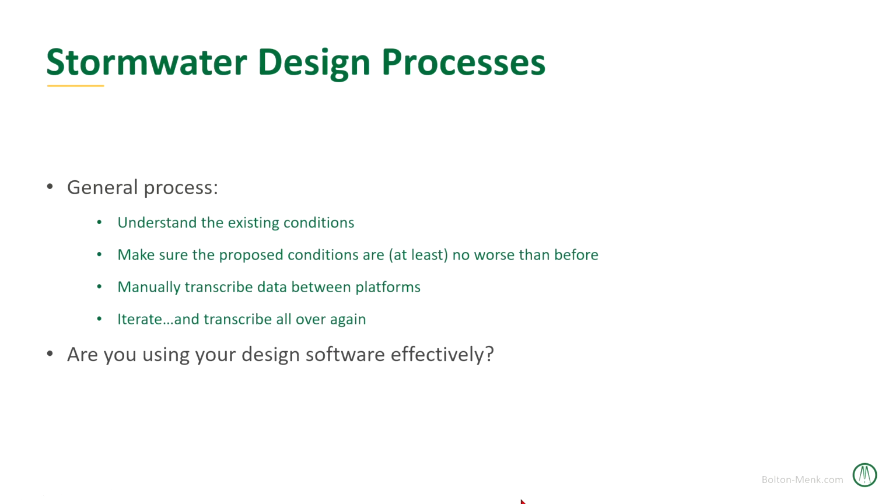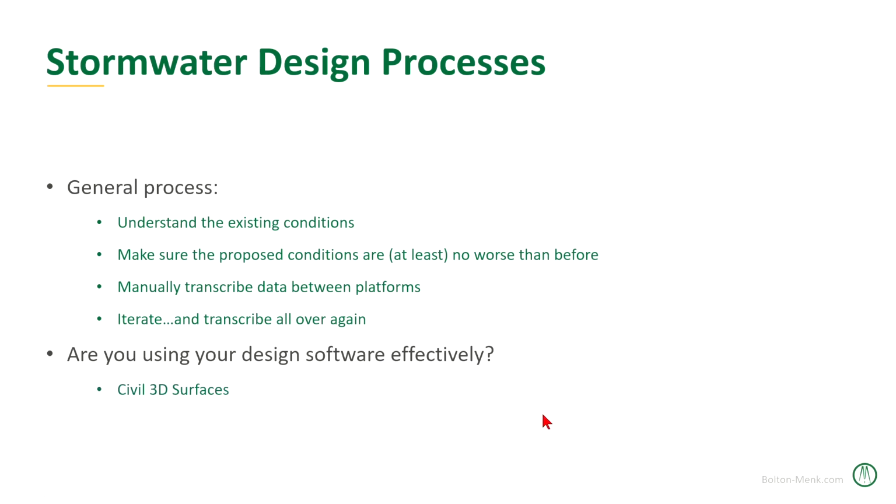So the question I have for you is, are you using your design software effectively right now? There is a wide range of age groups and user experience levels for people who are doing these sorts of calculations. Sometimes it's one or two people at a shop, and that's all they do. Other people will run through this as part of their project-wide checklist of design calcs.